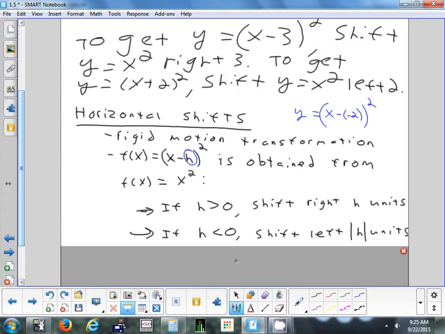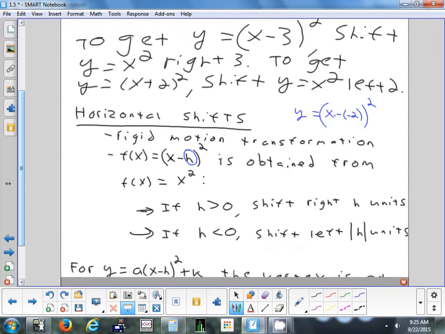So that's how I think about it. Anytime I get something that has a plus in here, I rewrite it as minus a minus. Block out the minus sign. Look at what comes after it. If it's positive after the minus sign, shift right. If it's negative, like in this one, shift left.